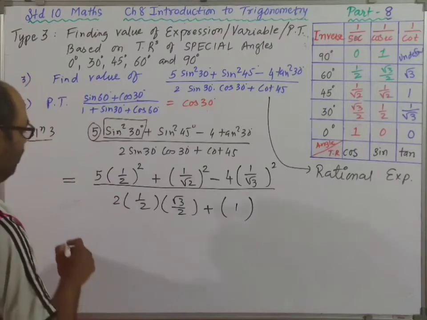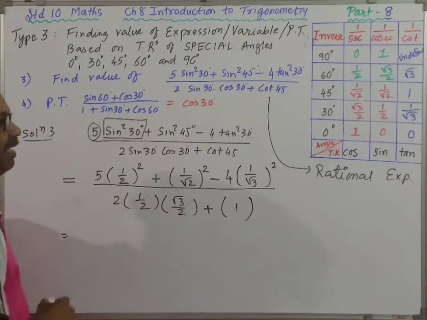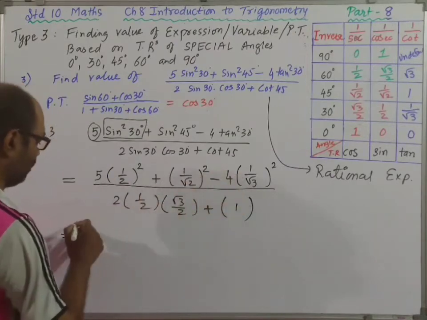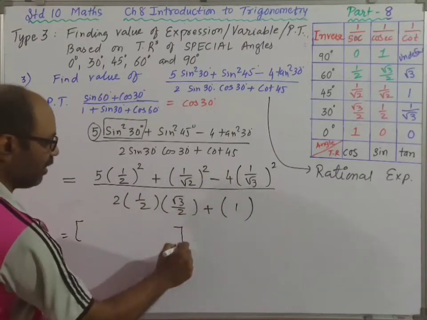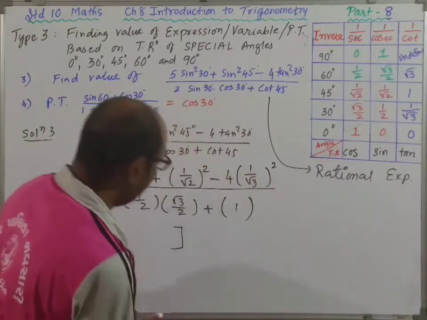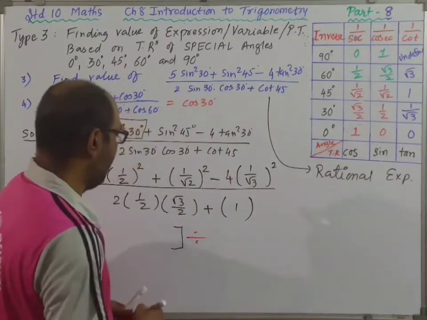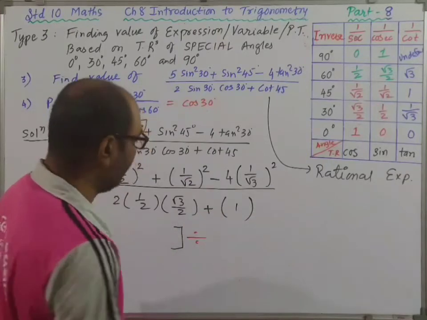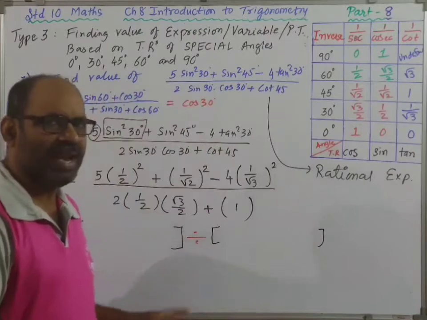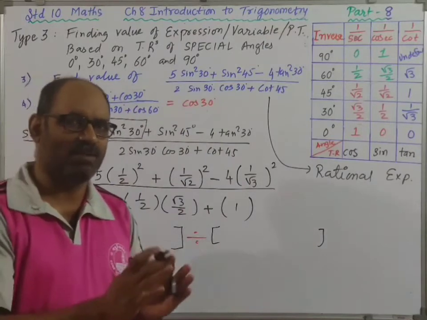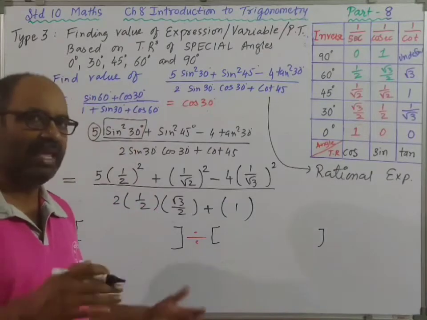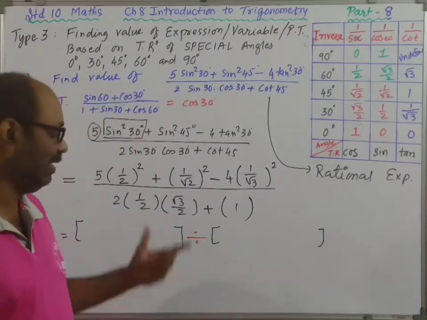Now simplification, that is another thing you have to take care. Now see what sir does. 1, 2 and 3 terms are there. That I am going to put in the large bracket. Whole upon, I am going to put division sign for it. And there are 2 terms in the denominator that I can put in the large bracket. Don't put these brackets beforehand. Sometimes they are small, sometimes they become big for you. But I am putting it so that you know what I am doing exactly here.